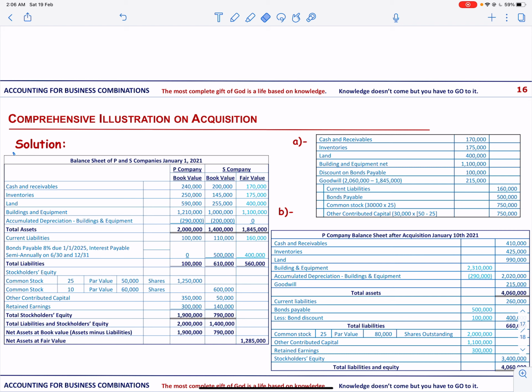So the common stock is credited for the par value of the shares issued, with the remainder credited to the other contributed capital. Individual assets acquired and the liabilities assumed are recorded at their fair values. Plant assets are recorded at their fair value in their current depreciation state.